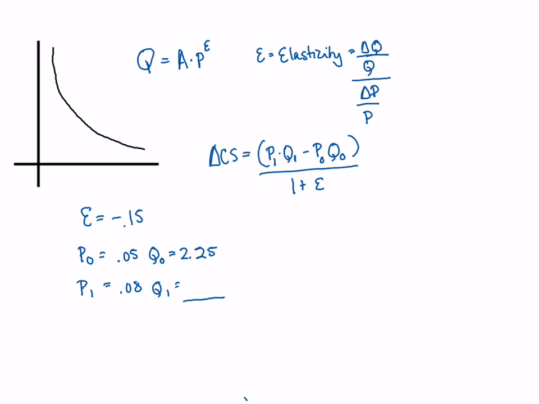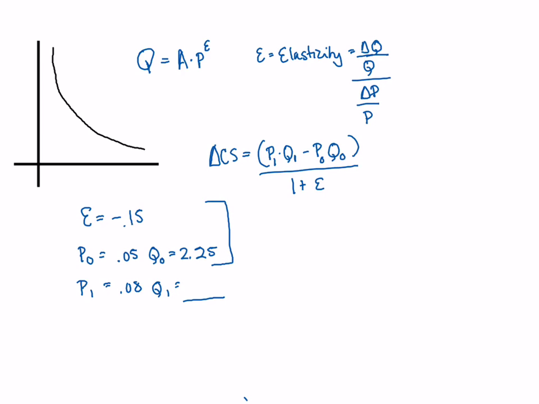So what you need to know is an initial starting point and the elasticity term, and then you need to know the price change, so you can calculate the quantity associated with that price change and the consumer surplus. Okay, so let's start with these two pieces of information.